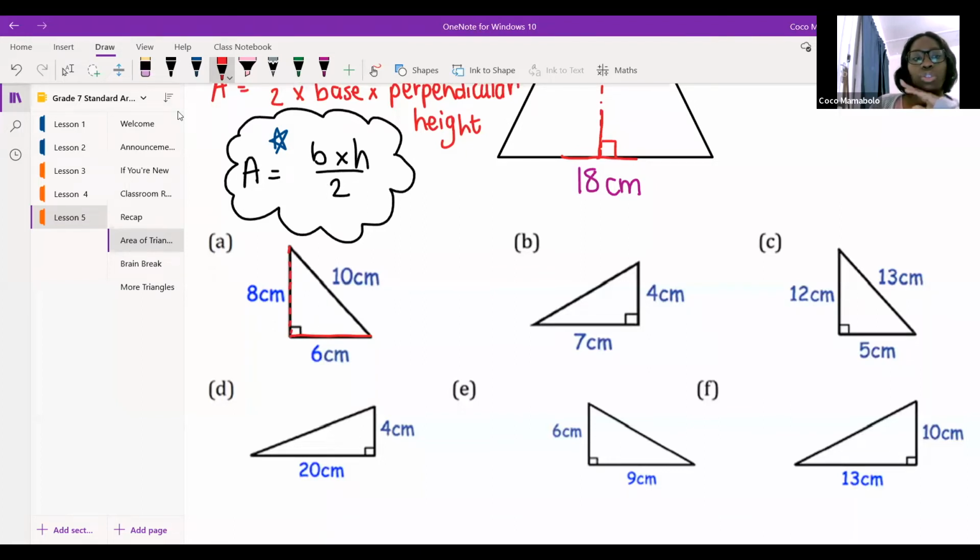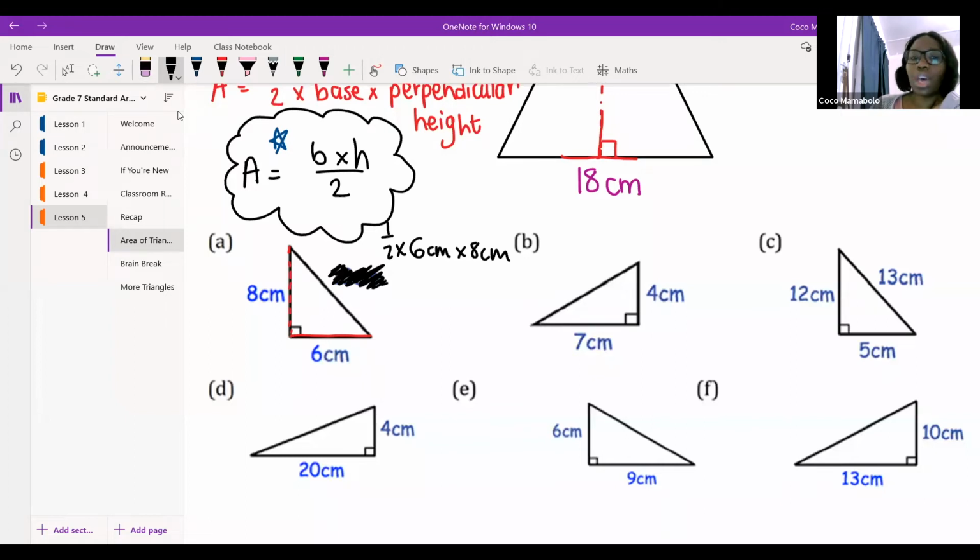So for all 3 of them, it doesn't matter. It doesn't have to be in order. In fact, this shouldn't be there. You can calculate the area without this. All you have to do is go 6 centimeters times 8 centimeters, half of that. Or you can go 6 times 8 divided by 2.